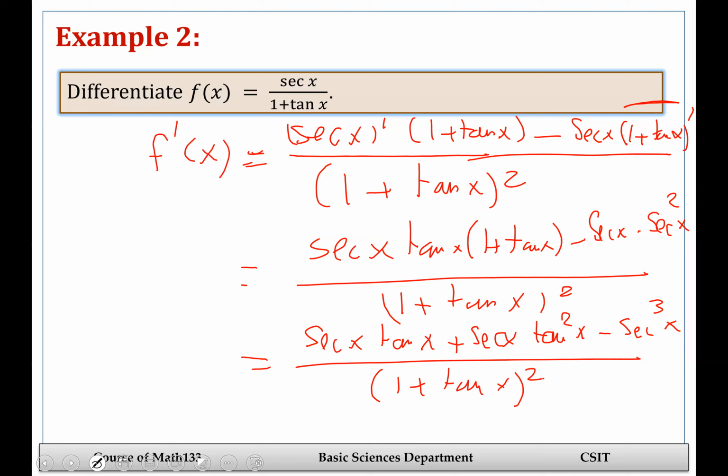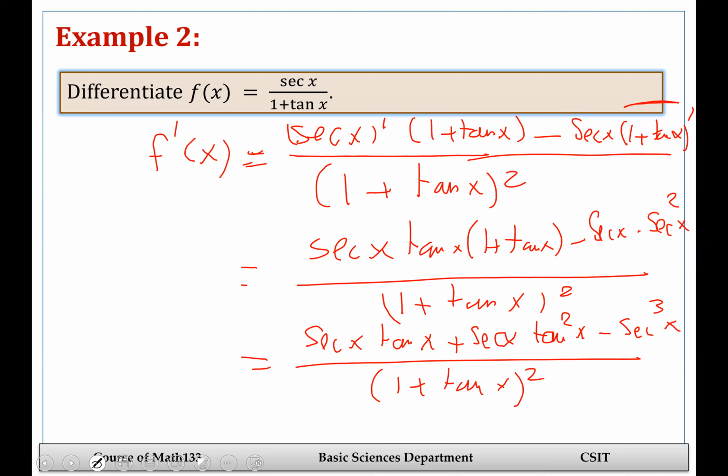Secant is 1 over cosine, and tan is sine over cosine. So it's like sine over sine times secant square, this first quantity. Okay, so we can here put some factors, then use the identities.